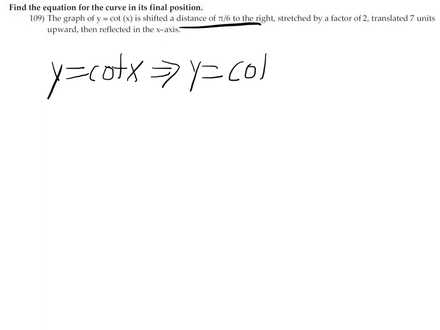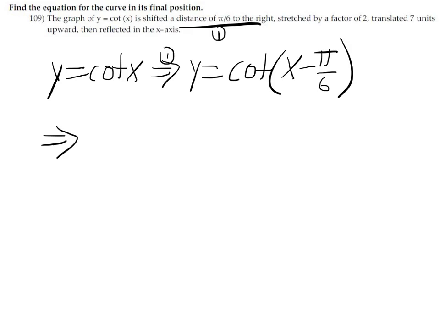Let's take a look at what these do to the graph. They say find the equation. So y equals cotangent x. First off, pi 6 to the right, y equals cotangent of x minus pi 6ths. Great. Next, so that'd be 1. Here's 1. 2.